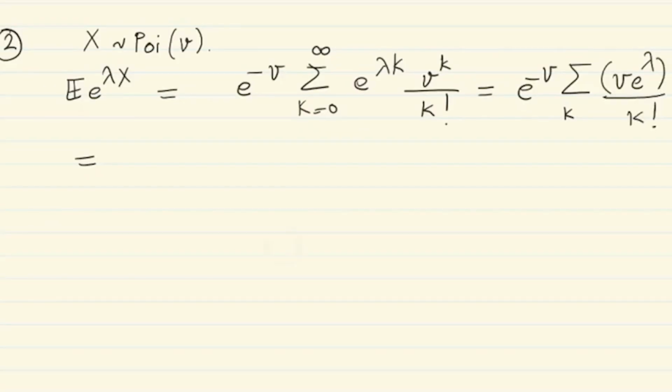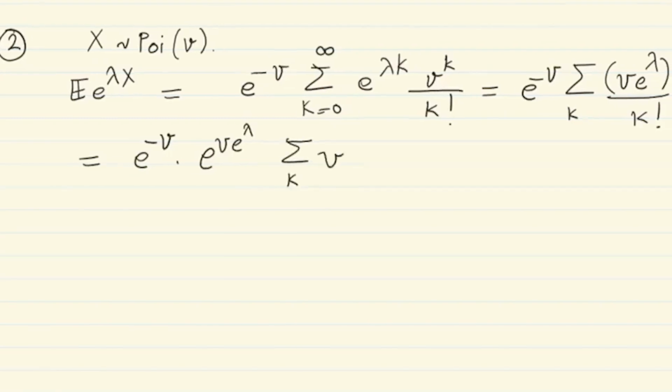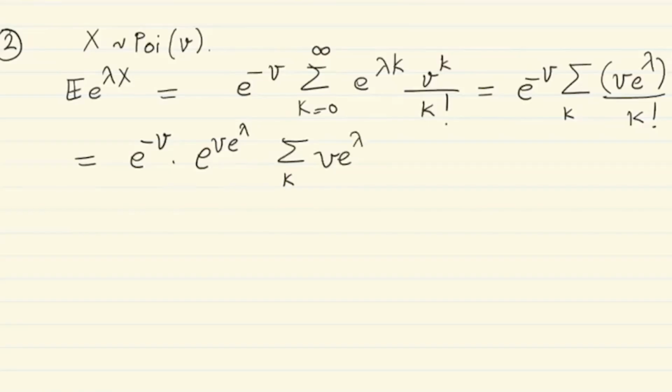What one can do is multiply and divide by the quantity e raised to v e raised to lambda, and then you have the sum over k of v e raised to lambda, raised to k by k factorial, and we have to divide by e raised to v e raised to lambda.